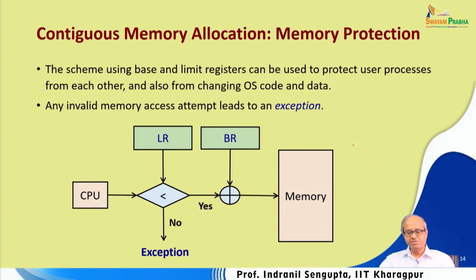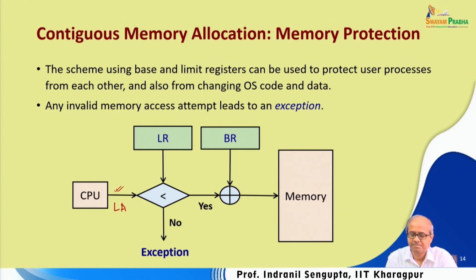Now, for contiguous memory allocation, we already discussed that memory protection can be done using the same base and limit register scheme. The CPU, I am repeating once more, will be generating an address which is in fact a logical address, LA.